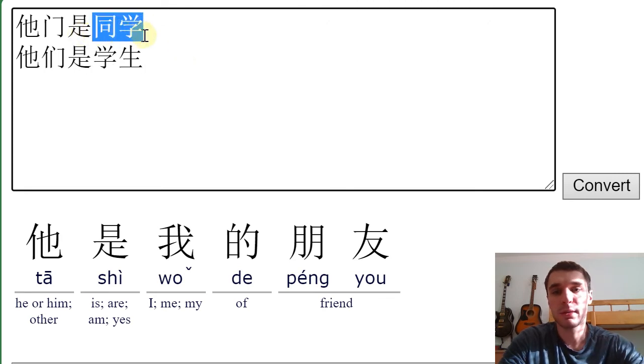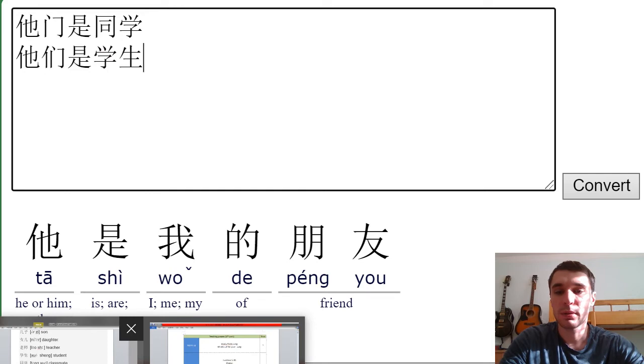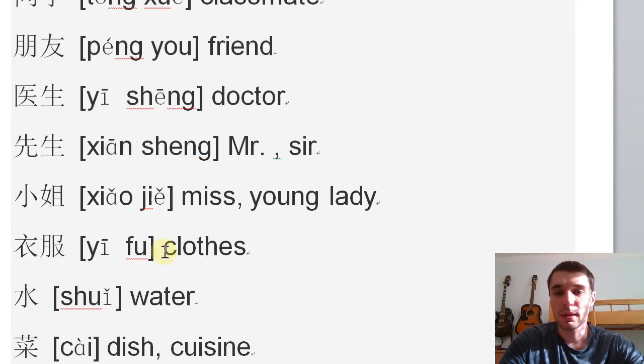So classmates, 同学; students, 学生. 同 we use when we do something together, okay? 学 is to study together. You can translate these two characters. So 同学 classmates, 学生 students. Okay, let's go on.